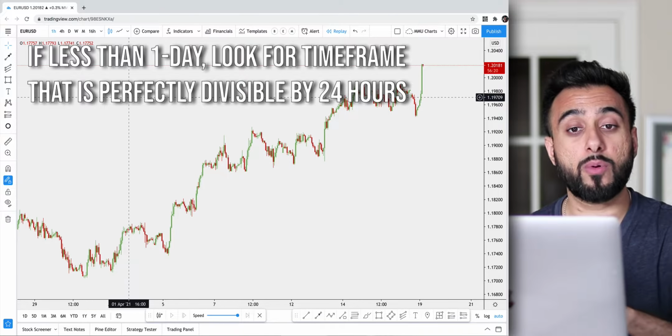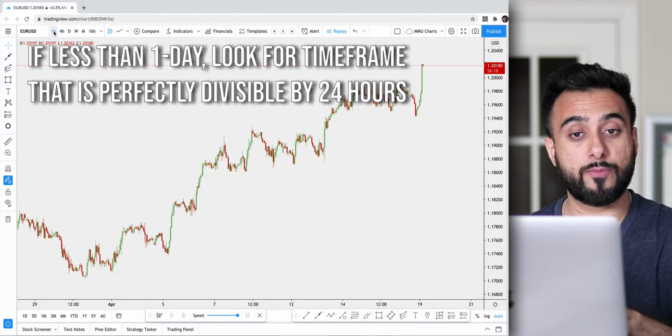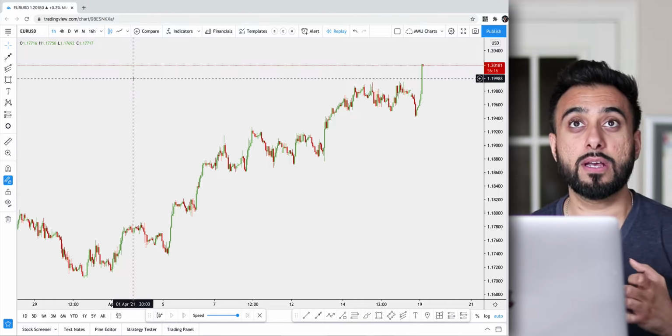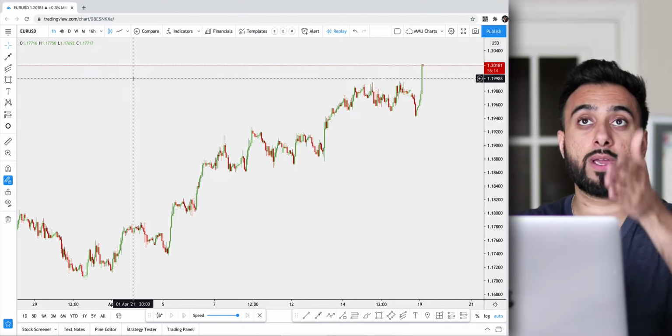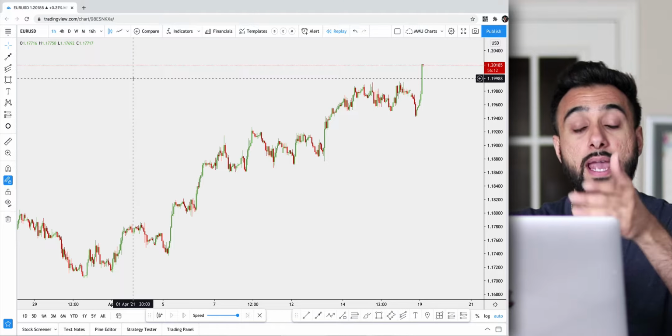To give you an example, let's just say you were on the 1-hour time frame and you're looking to change time frames by 4 to 6 times. You think, okay, let's just do a 5-hour time frame. That would be a time frame that you would not tend to use, because in 5-hour increments, 5, 10, 15, 20, 25, that doesn't equal 24 hours perfectly. However, the 4-hour time frame is divisible into 24 perfectly.